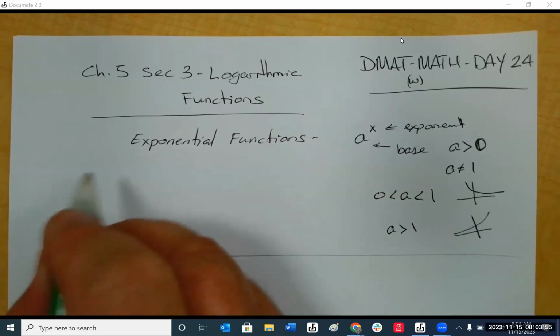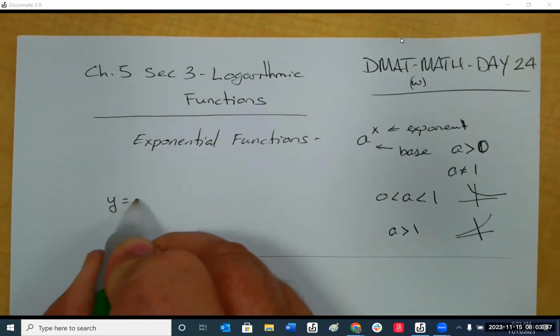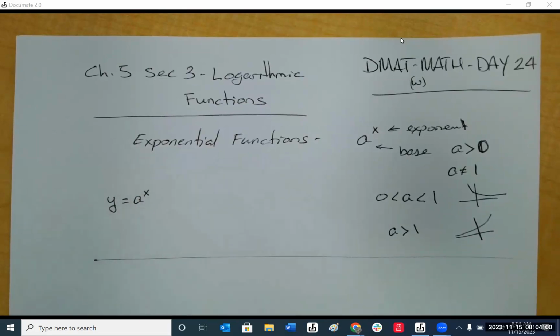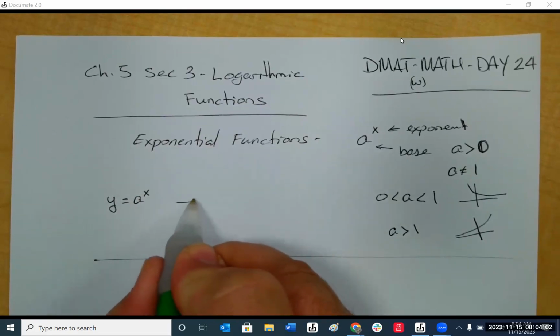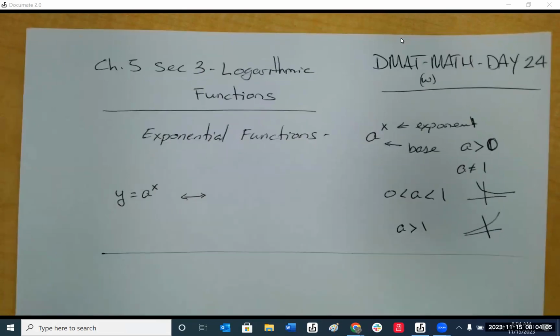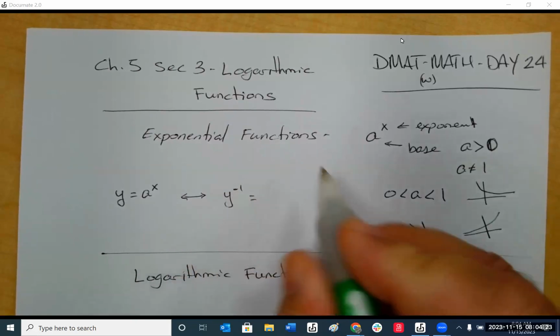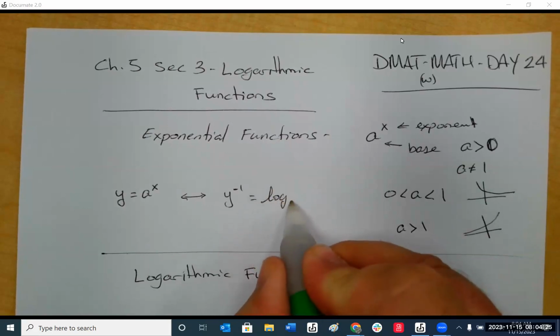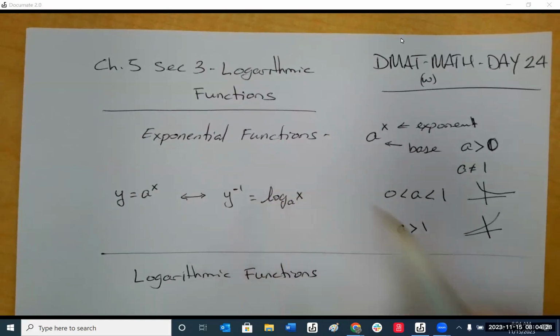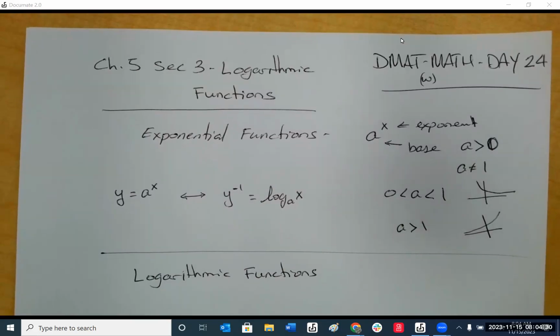We're going to expand on that today. Exponential functions and what we're talking about today, logarithmic functions, they're inverses of each other.